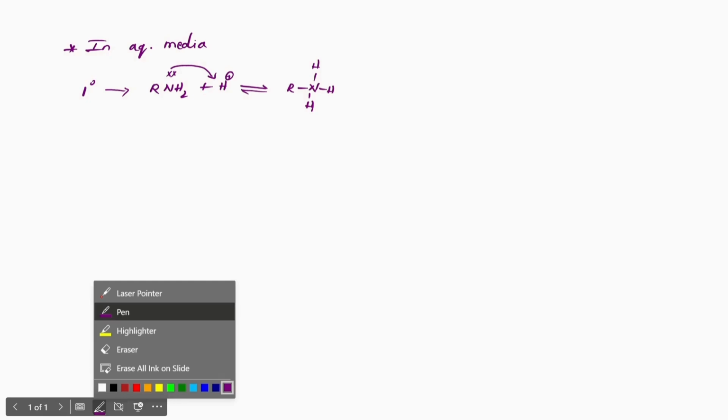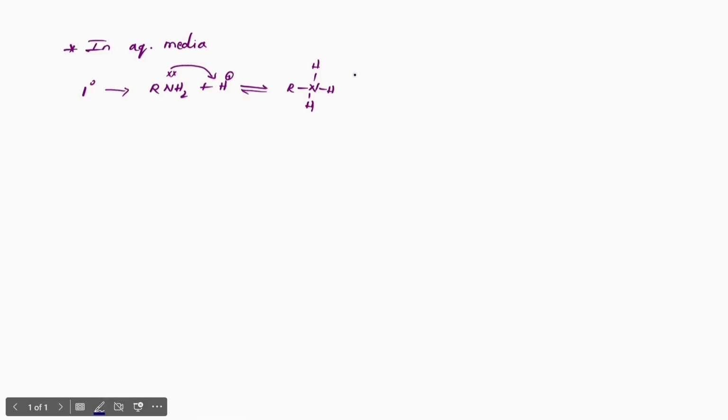Since we are discussing the basic strength in aqueous medium, here there is hydrogen bond formation. This is called as hydration. How many hydrogen bonds are there? 3 hydrogen bonds. How many positive inductive groups are there? Only 1 positive inductive group.